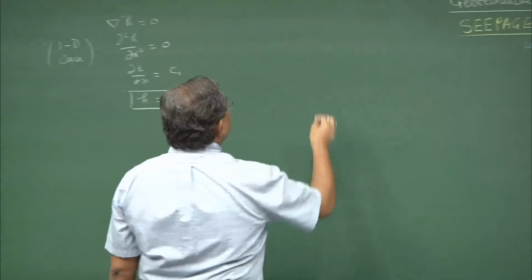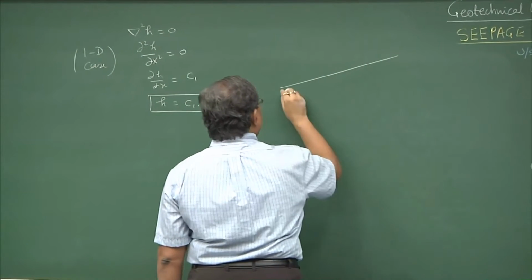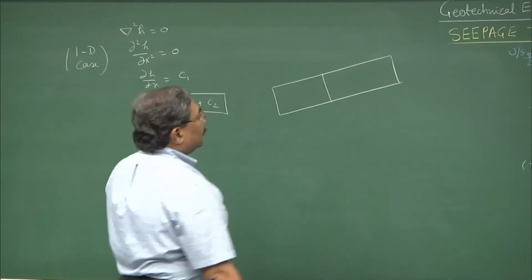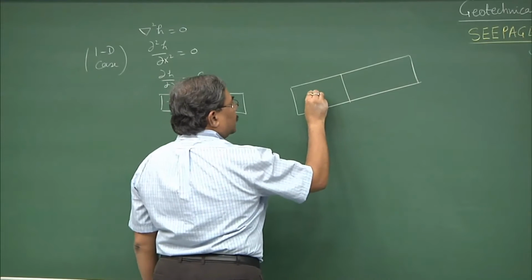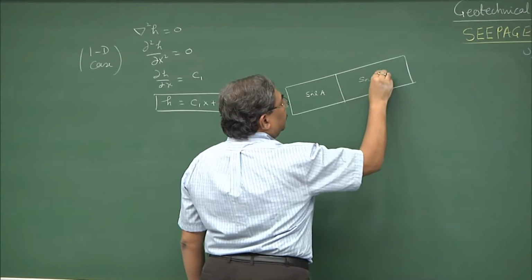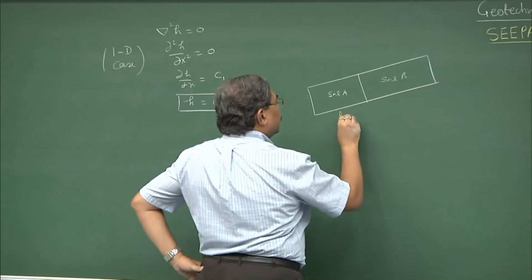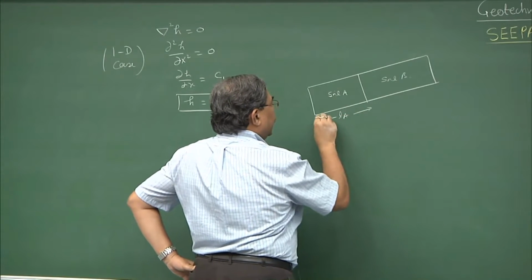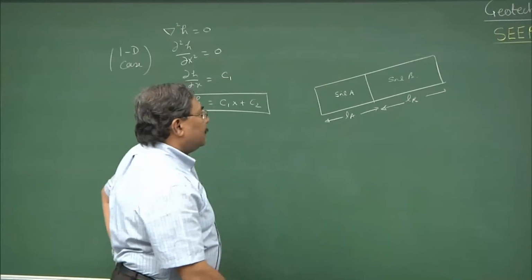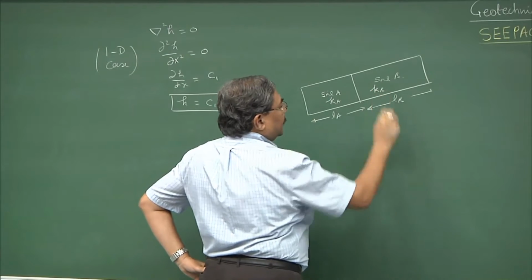Let us take a simple case. Suppose there is a system like this. There is a composite soil system, soil A and soil B. This is the length of the sample L A, L B. I am considering K A and K B as their hydraulic conductivities.